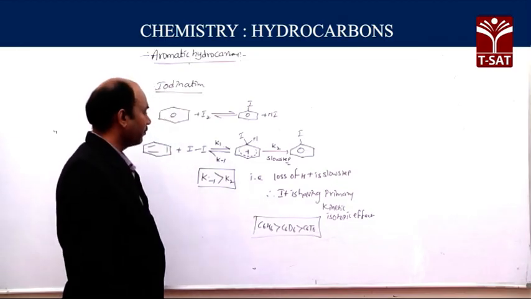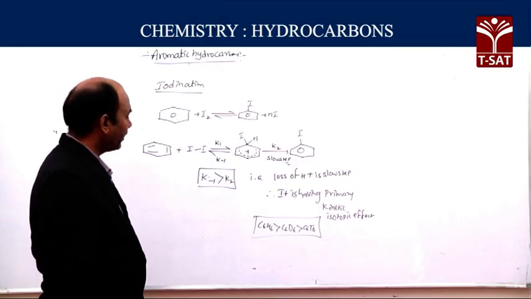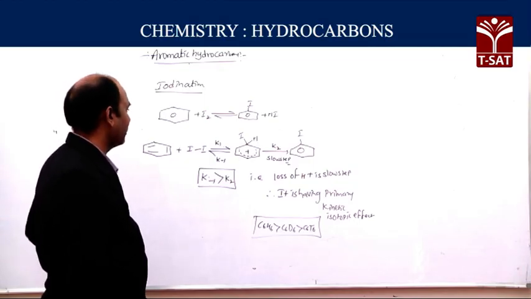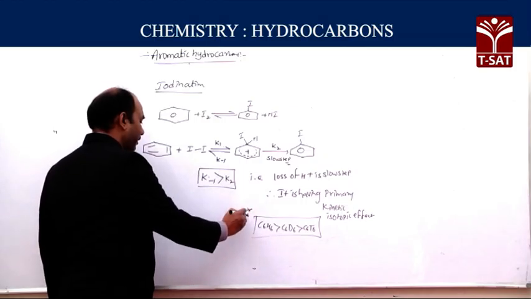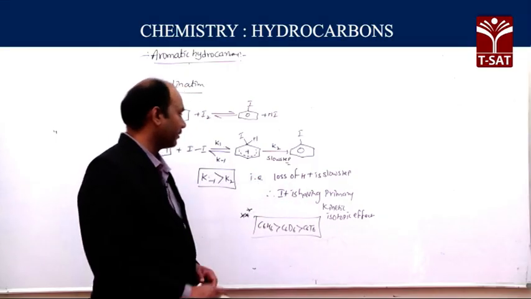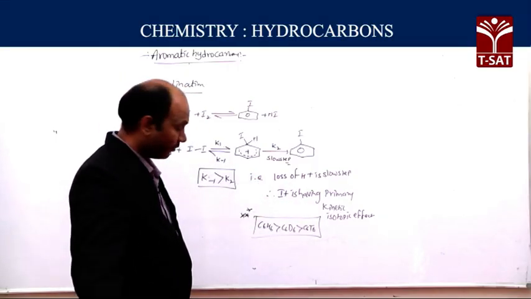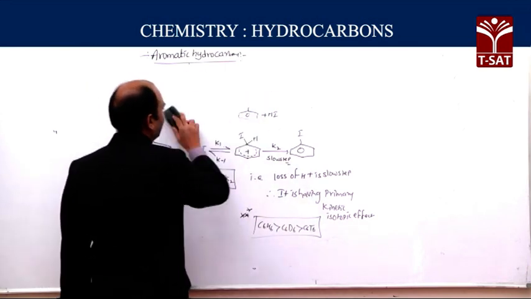Whereas in chlorination the primary kinetic isotopic effect is absent, in iodination it is present. This is important from the point of view of all entrance examinations. Why? Because the loss of H plus is the slow step, therefore it has a primary kinetic isotopic effect. This is iodination.